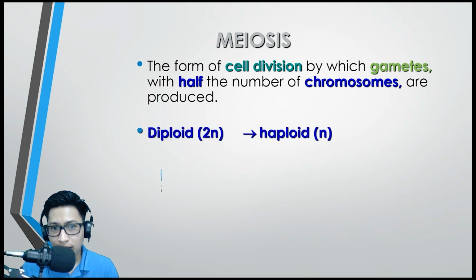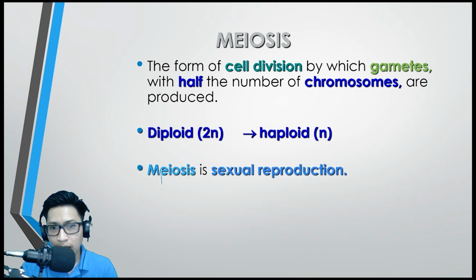We call that diploid and haploid. Diploid cells are produced by mitosis, wherein they contain the whole number of chromosomes, while haploid cells are produced by meiosis, where they contain only half the number of chromosomes.